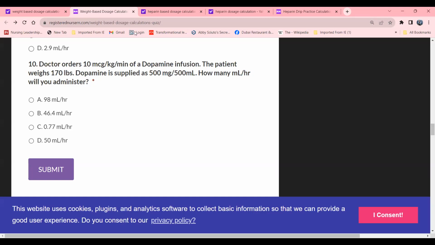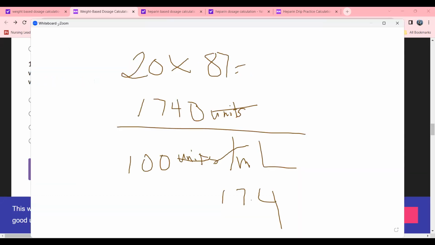Everybody got their numbers? Okay, thank you. Okay, so again, put down here on the bottom what you have on hand, which is 500 milligrams per 500 mL.